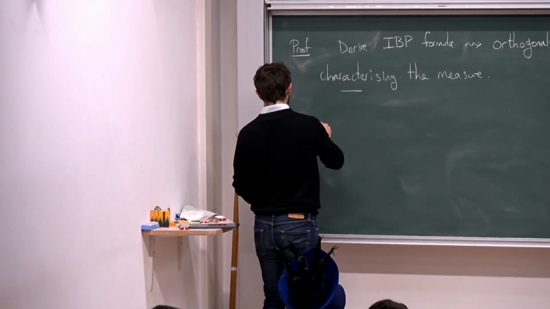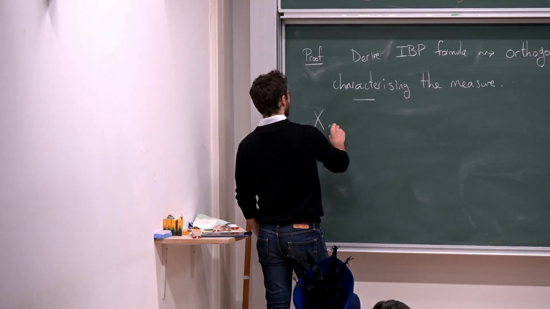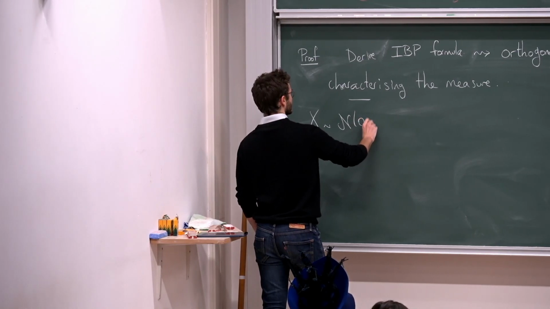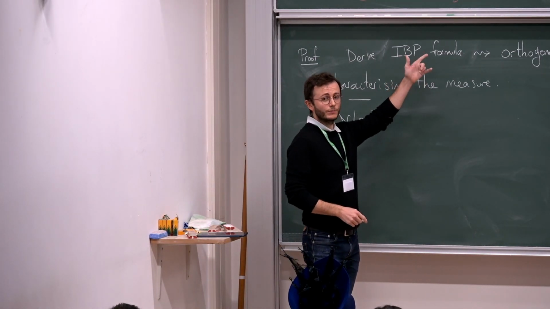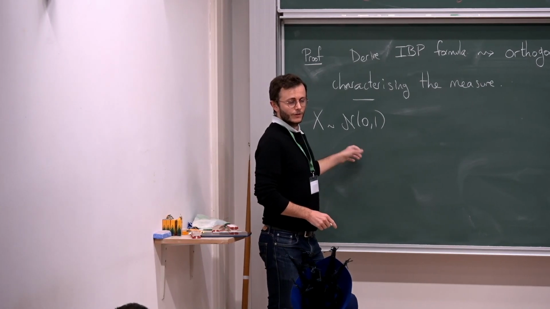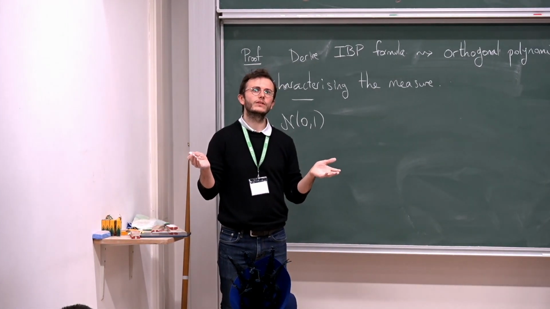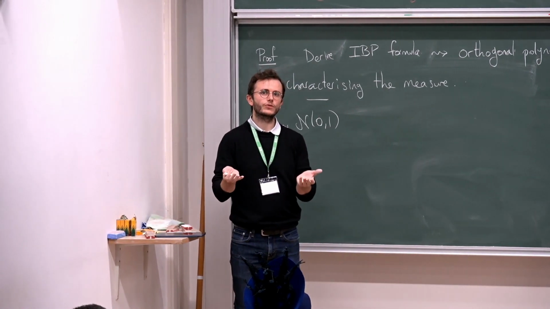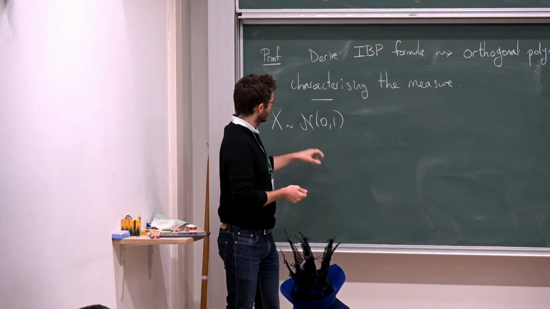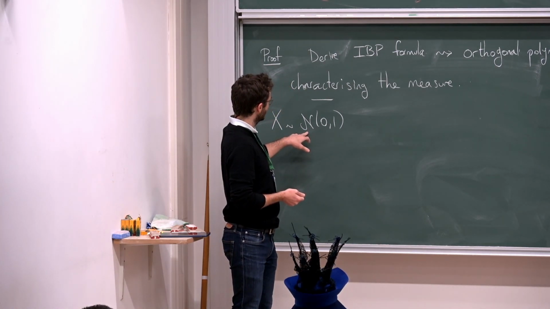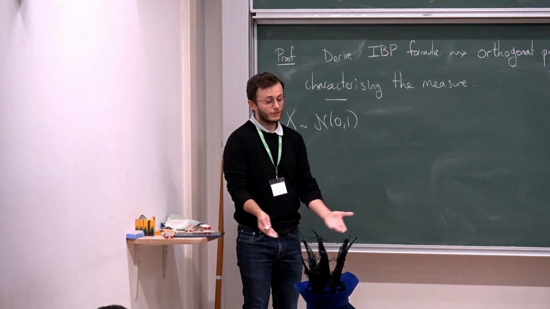So I have X, which is a standard Gaussian random variable. Before, I had the complicated measure on the space of Jordan curves. Now the measure I have is simply the law of this random variable in R.